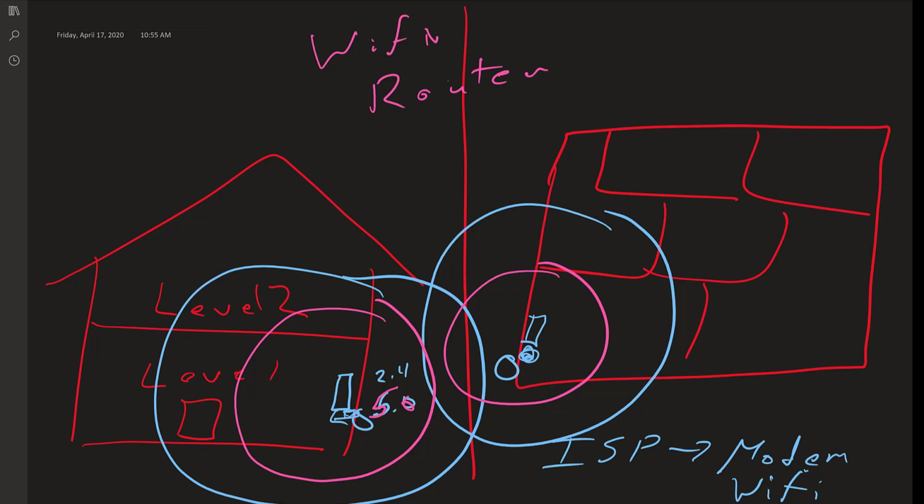They're going to get an additional Wi-Fi router, and most Wi-Fi routers today will have 2.4 gigahertz and 5 gigahertz speeds. So devices that can connect to 5 gigahertz, we will. But if I have a 5 gigahertz device over here or over here, it's going to have a hard time connecting.